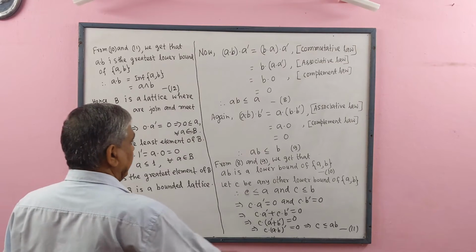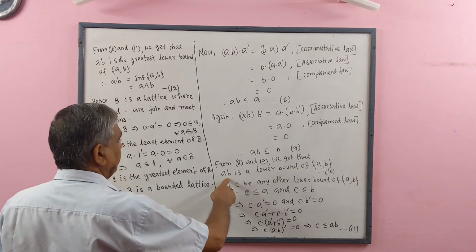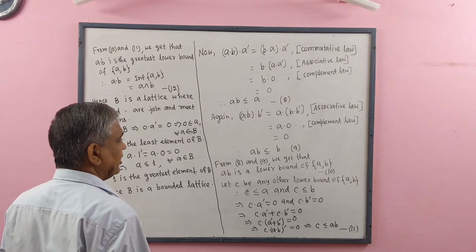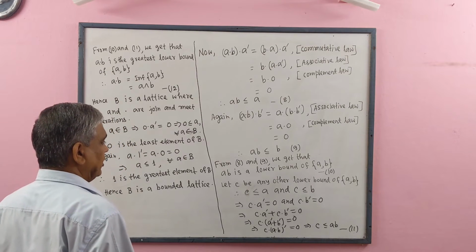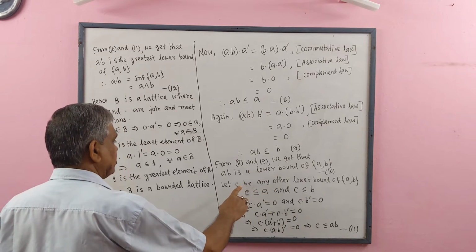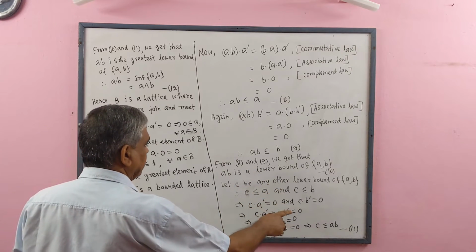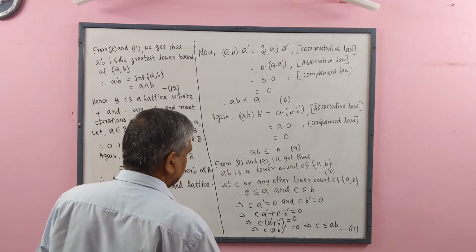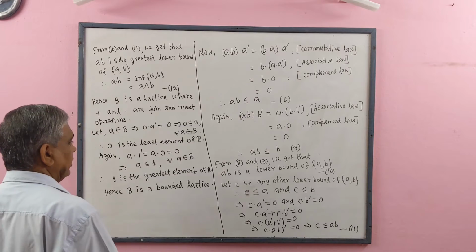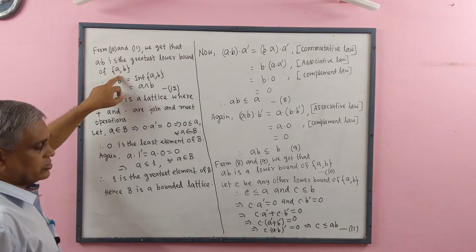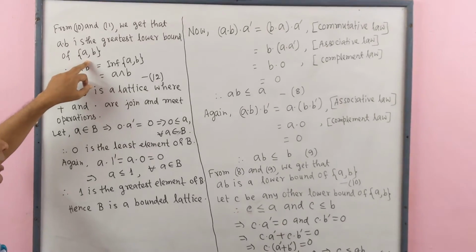From 10 and 11, in 10, A dot B is a lower bound of the set containing elements A and B. And in 11, we see that C, any other lower bound, is related to A dot B. That means A dot B is the greatest lower bound of the set containing elements A and B.